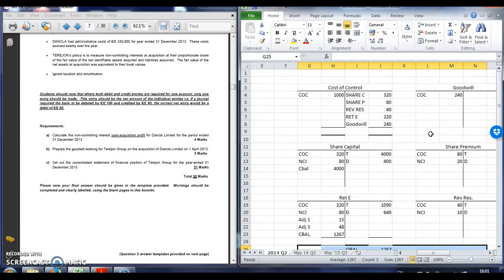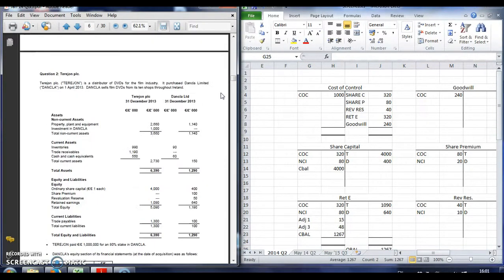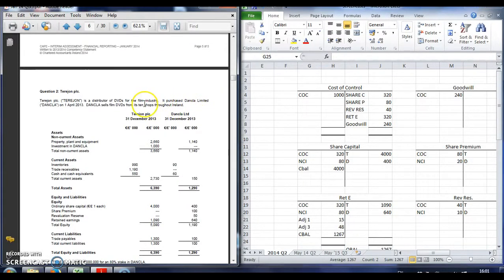And particularly for the CA, where you won't have as complicated group accounting questions, it's a good benchmark to start, because when you move on to the full CAP2 financial reporting exam, you will have a lot more complicated adjustments, and you need to be able to keep track of those in a fairly methodical manner, so you can accumulate them into the statement of financial position or other financial statements as well. So that was question 2 on the January 2014 interim assessment, T-account.